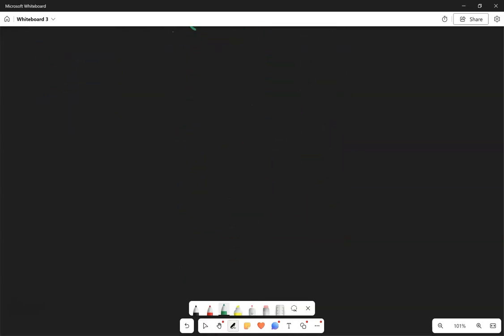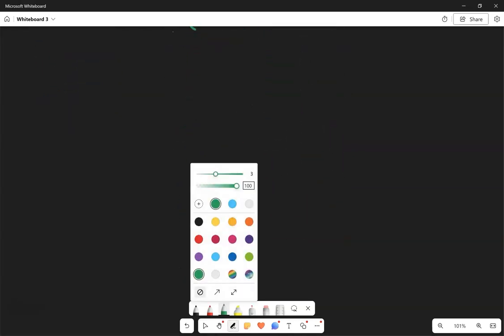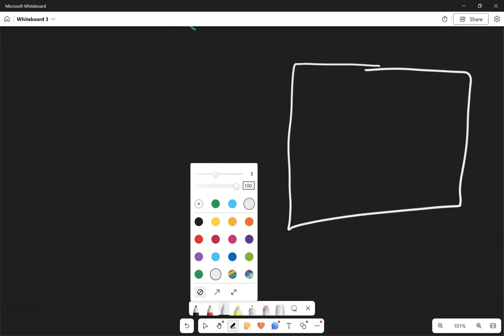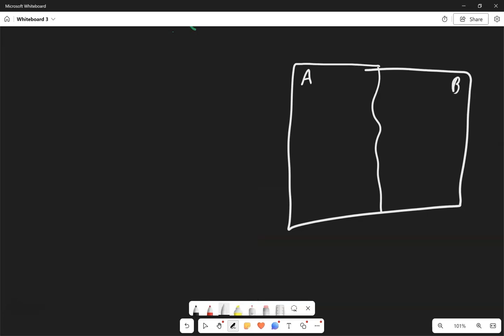So if we put this all together, right, remember, if we have a compartment or a box, and we divide it into two compartments, compartment A and compartment B, right? Compartment A has an osmotic pressure.